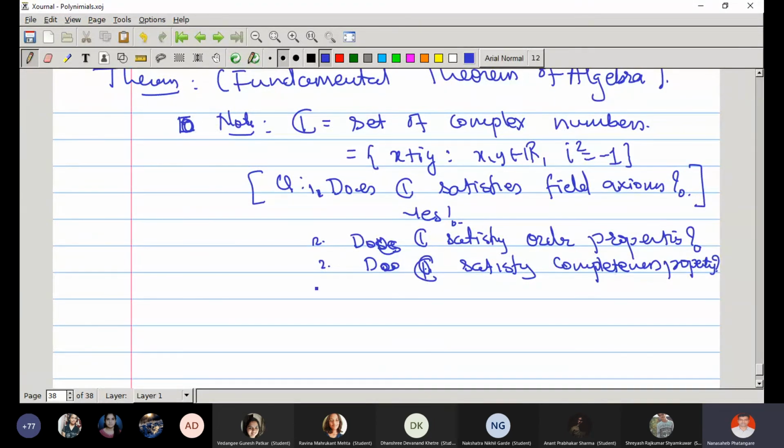These are some questions which are not very essential at this level, but you can think about. And the answer to this question is no. C does not satisfy the completeness property. So there is a difference actually. But from a calculus or analysis point of view, these properties are there, completeness and order, all these things.